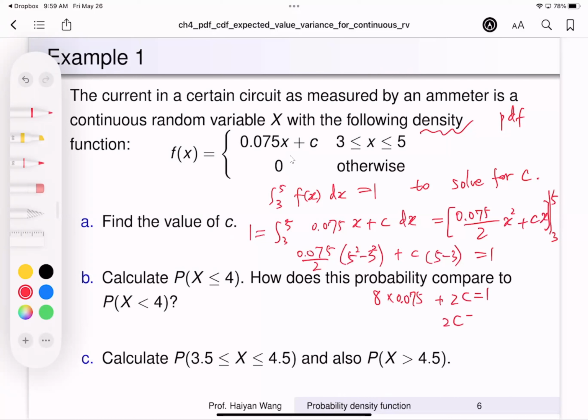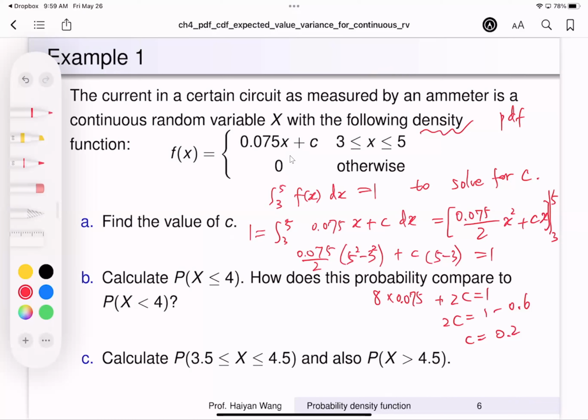So the 2c equals 1 minus 0.6. So this 8 times 0.075, well, that's about 0.6. So therefore, we get c equals 0.2. So that gives us the answer for c.